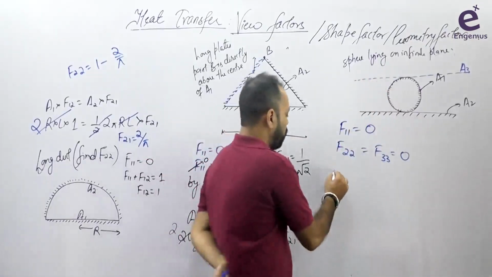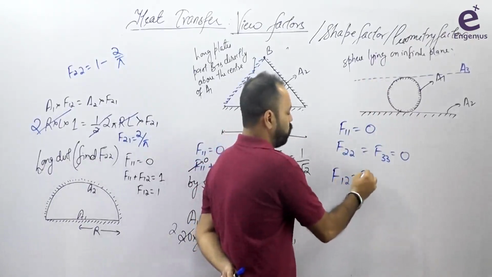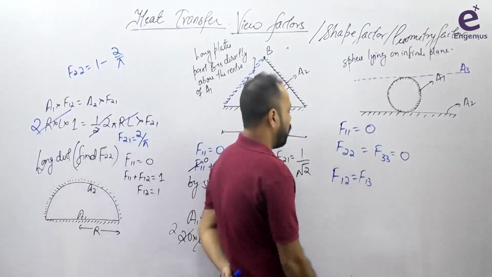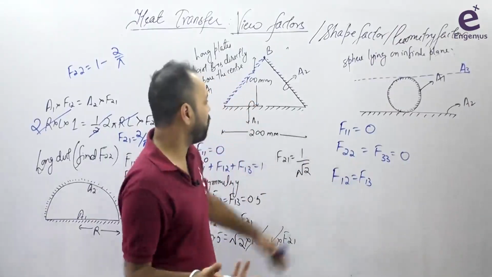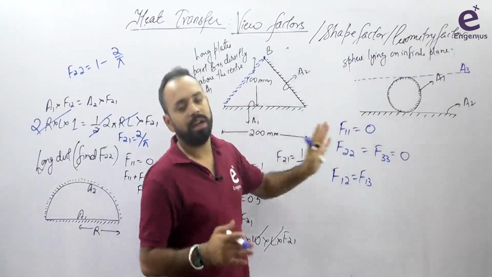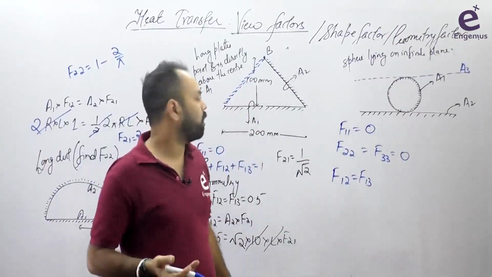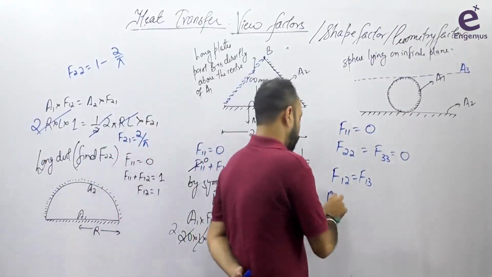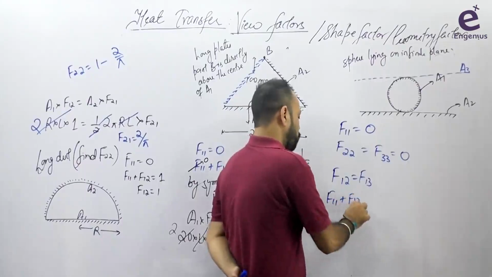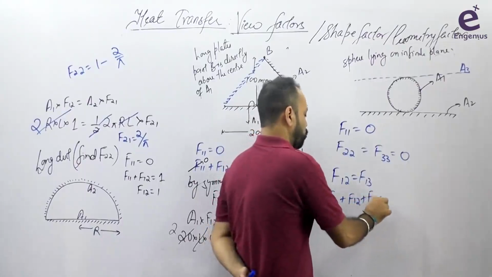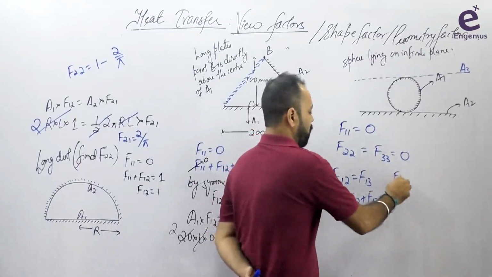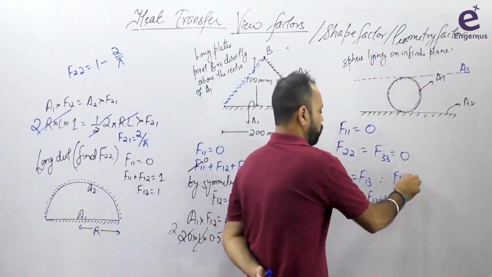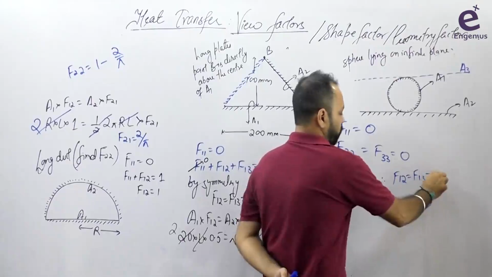So, I can say that F12 must be equal to F13, right? And this is an enclosure. अब बोलोगे सर enclosure का है, यहाँ तो कोई surface ही नहीं है. These are infinite plates, so definitely I can think of this as an enclosure. Therefore, F11 plus F12 plus F13 must be equal to 1. They are equal. From here, I have this relation. Therefore, F12 is equal to F13 is equal to 0.5.